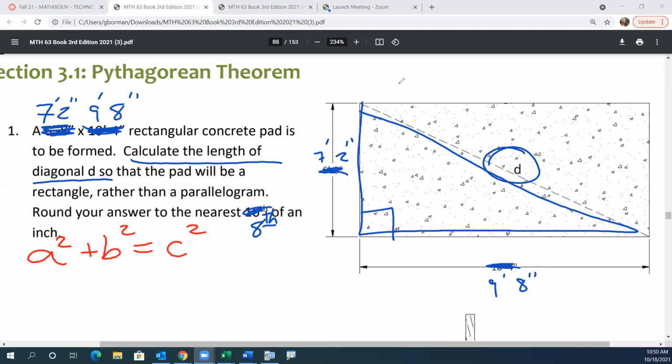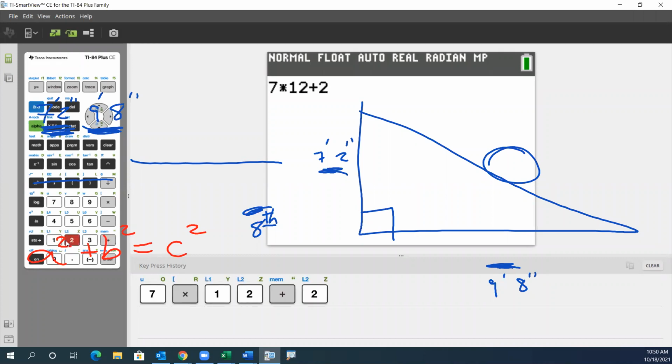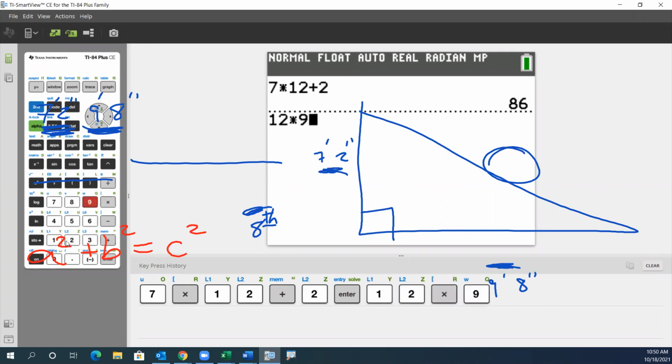So let's do some conversion here. 7 foot 2 inches is going to be 12 inches in every one of those 7 feet, plus a couple extra inches. So that's 86 inches. The other one, 9 foot 8 inches, 12 inches in each of those 9 feet, plus another 8 inches, gives us 116. So 86 and 116.